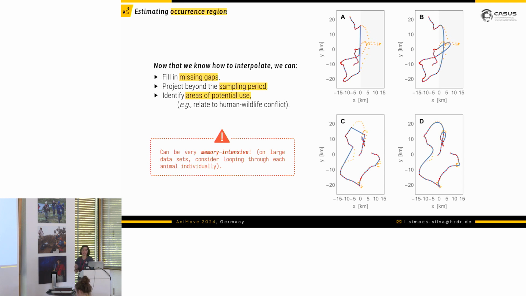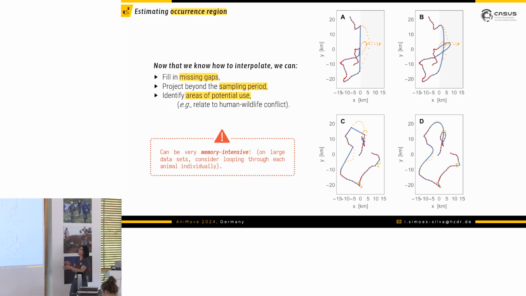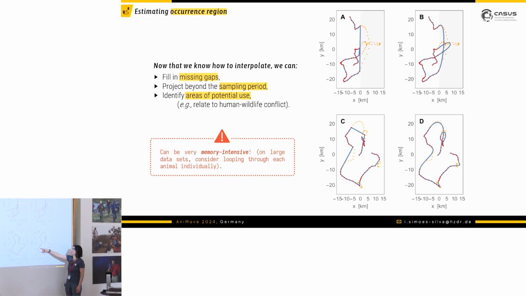And this is a similar thing, just the difference is instead of being an area where the signal is lost, periodically we have gaps in the data, right? Maybe it's not very clear, but the red points will be locations and the blue is the interpolation, right? And the orange points are essentially the true locations that are being missed. So we can see here the Brownian bridge interpolation misses out on some of those explorations that we're not getting detected because of the missing gaps.